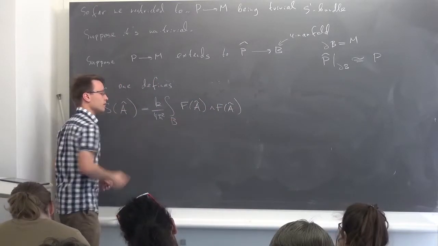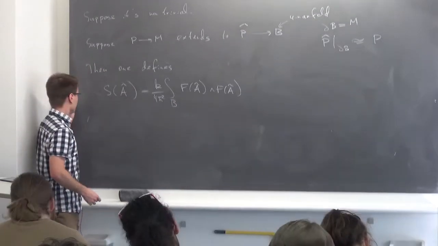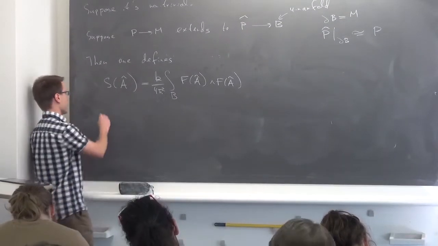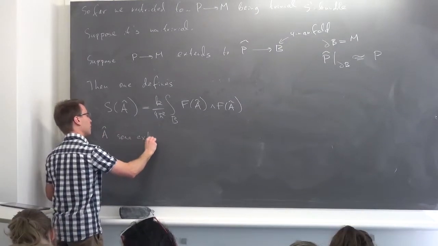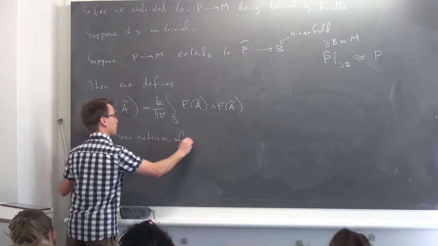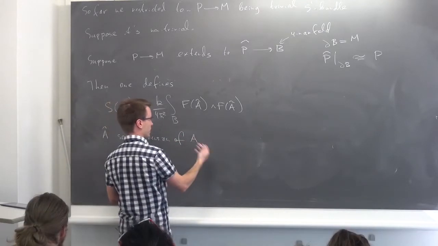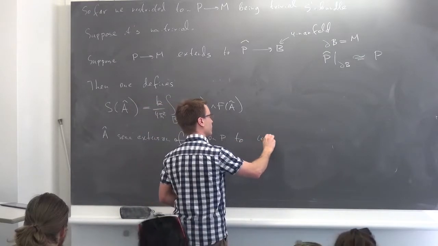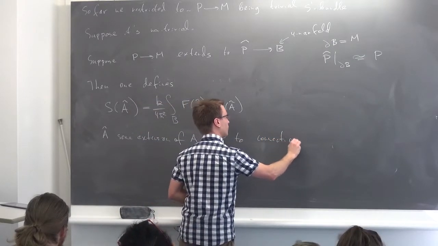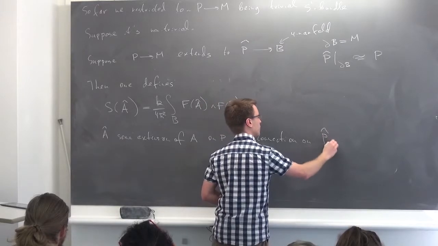So the integral is over B. So here A hat is some extension of A, which is a connection on P, to a connection on P hat.